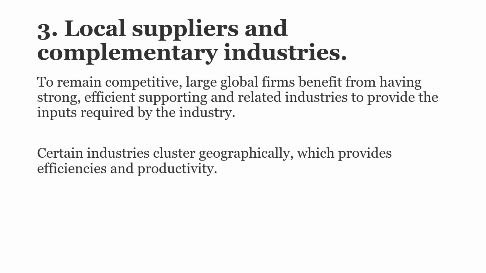Third, local suppliers and complementary industries. This means that big companies do not produce every part or supply needed for their products. For example, in car manufacturing, the Toyota company cannot produce every part of the car.